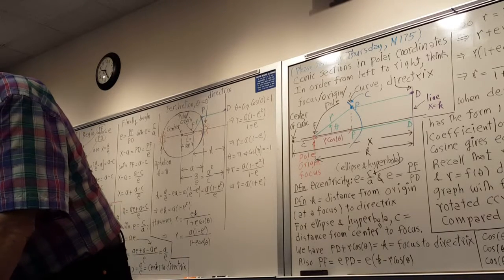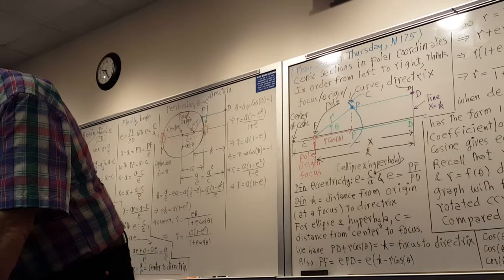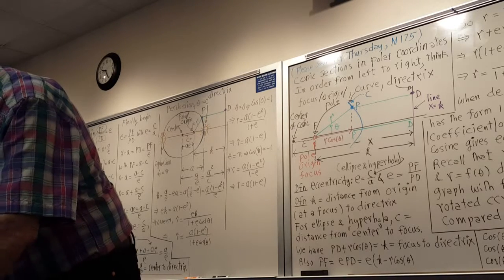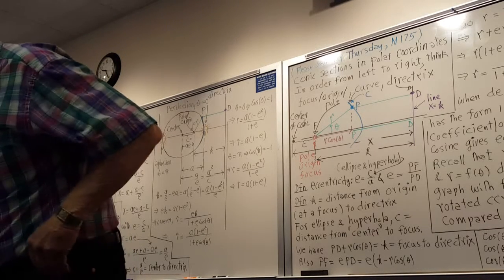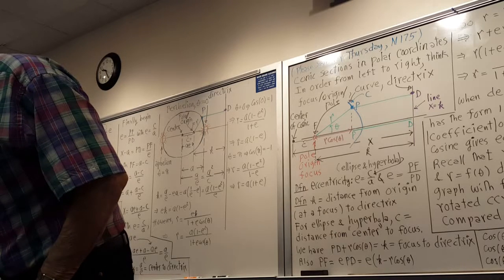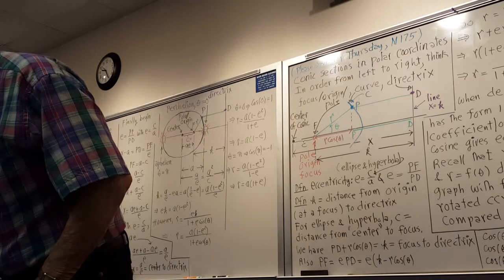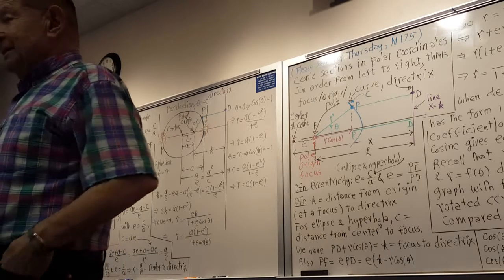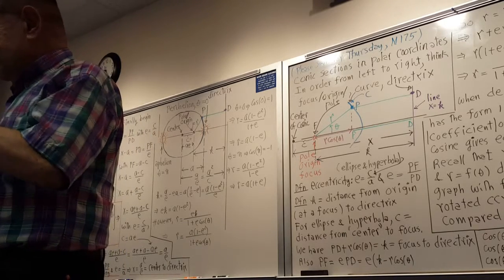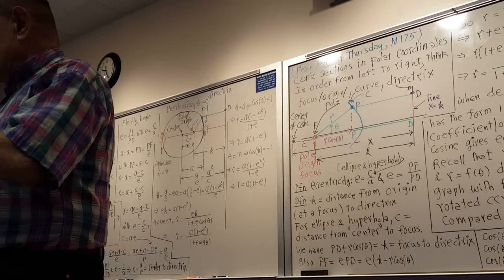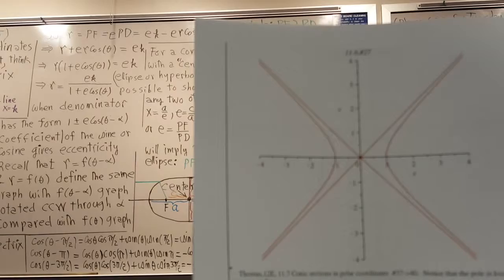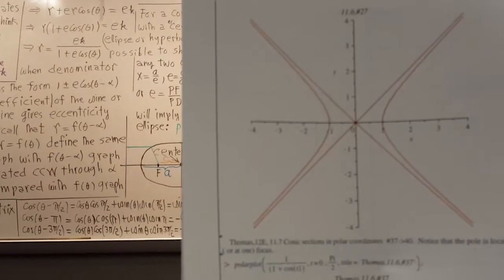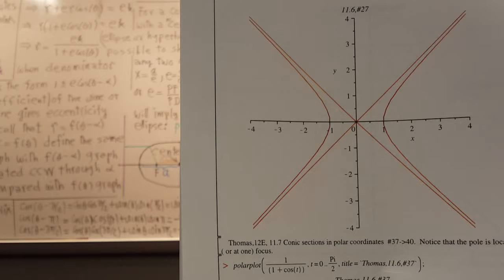So you notice that the pole is located at one focus. So then you look at, I have polar plot, 1 over 1 plus 1 cosine t. Okay, so that should tell you your denominator is in the form 1 plus your something times your cosine, and your coefficient on the cosine is just 1, so your eccentricity is 1, so you should think parabola.